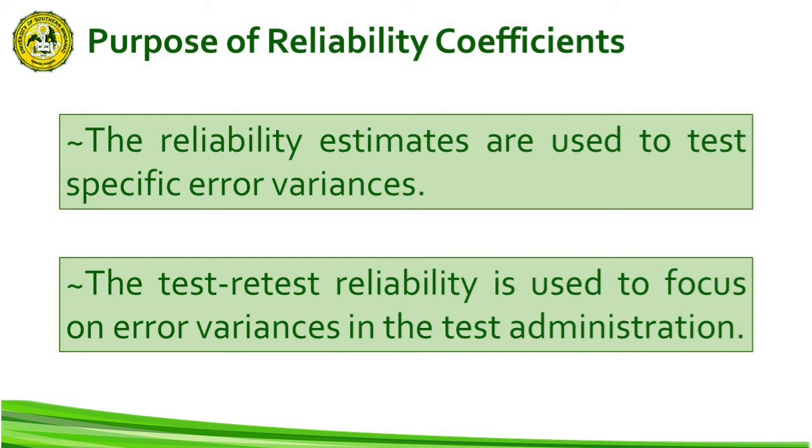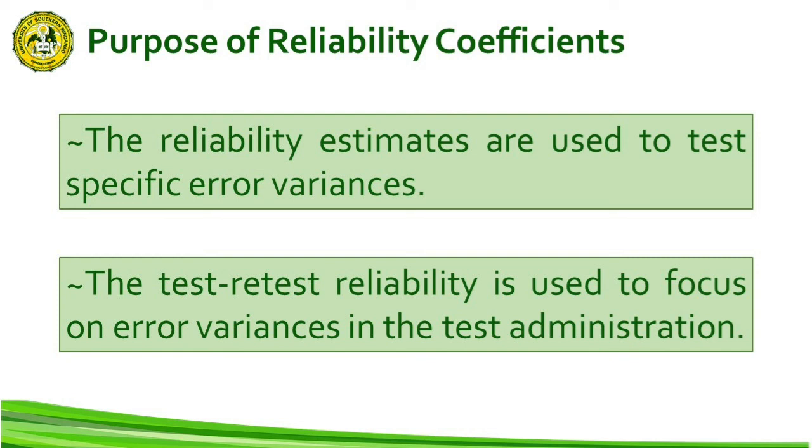So, ganun siya. Na, for example, after mo nag-take ng test na yon, yung scores mo nakuha mo na after mo nag-take na initial test and ng retest, tapos yung nakuha na yung score mo, ang only error variance na eliminate natin is yung test administration na error variance.